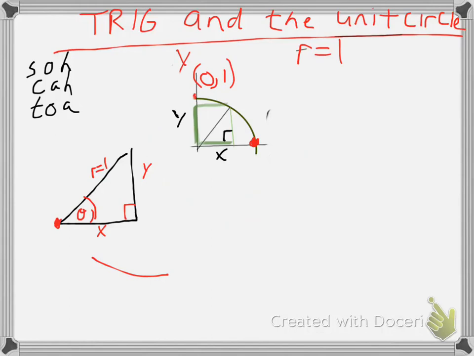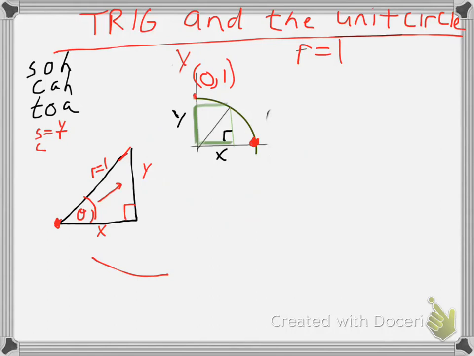So if we use our SOHCAHTOA, we see that sine is equal to opposite. The opposite of this is y over our hypotenuse, which is the radius, which is equal to 1. So on the unit circle, keep in mind it's only on the unit circle, the sine is simply y, the y component, y divided by 1.